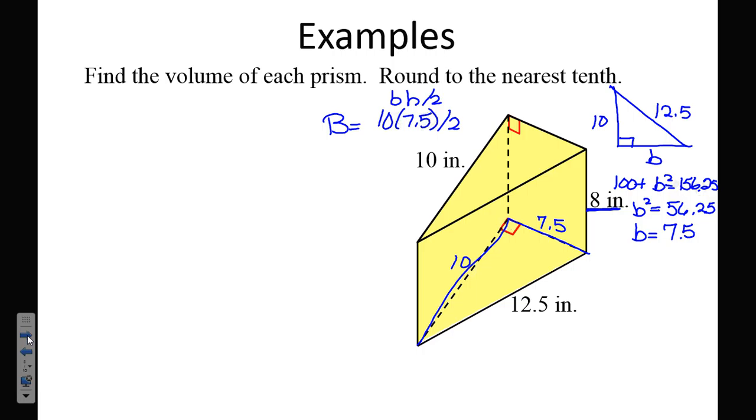So we take 37.5 times 8, and we will get 300 inches cubed.